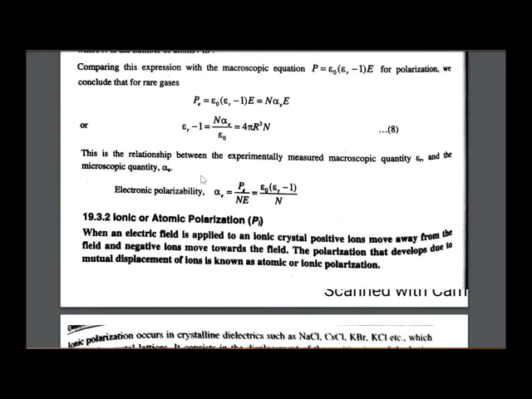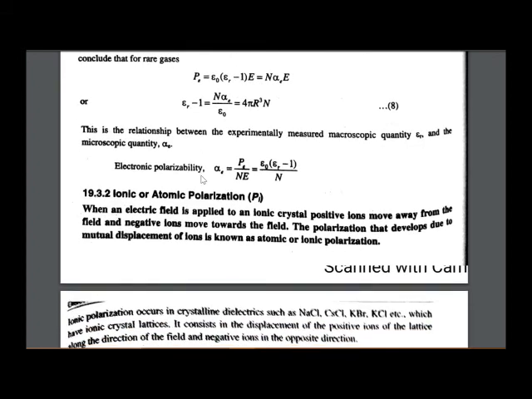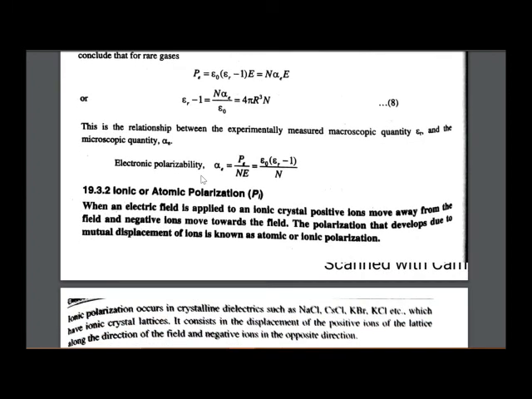This is the relationship between the experimentally measured macroscopic quantity epsilon r and the microscopic quantity alpha e. Therefore, electronic polarizability alpha e is equal to Pe divided by N E. So Pe is epsilon naught into epsilon r minus 1 by N. So this is about electronic polarizability.